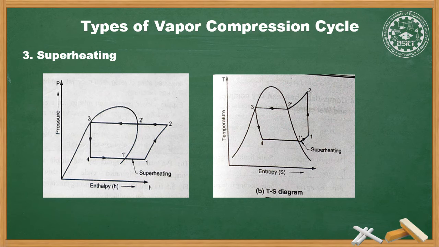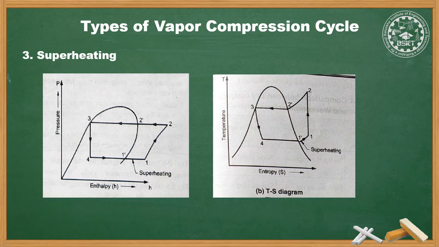It increases the specific work of the compressor, that is from H2 minus H1 to H2 dash minus H1. It should be noted that H2 dash minus H1 dash is greater than H2 minus H1. This is because the pressure ratio is the same for both lines, but temperature T1 dash is greater than T1.